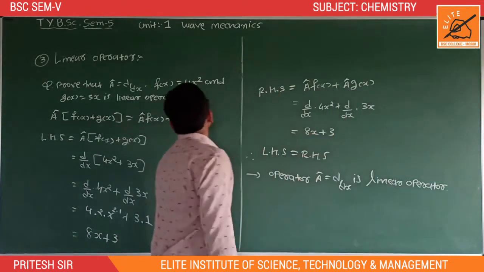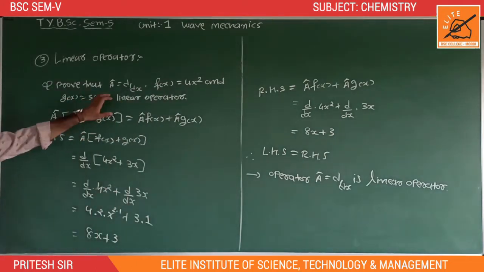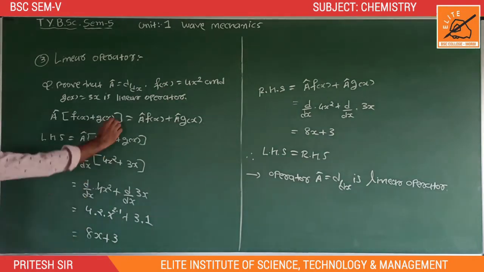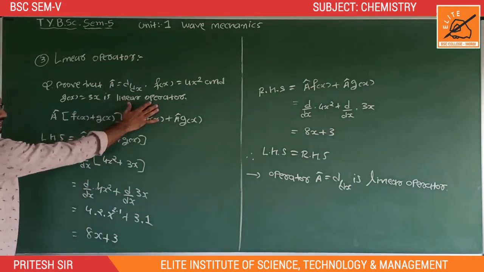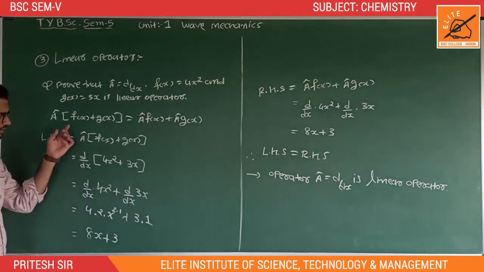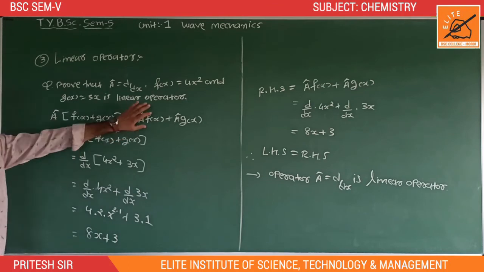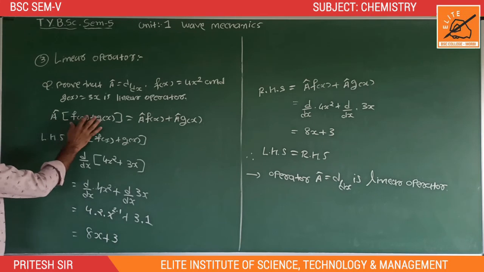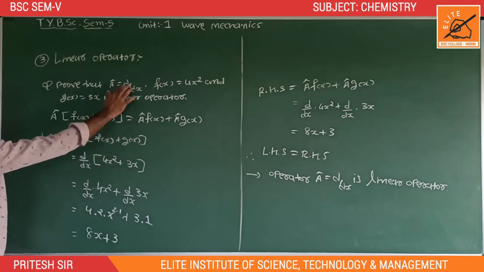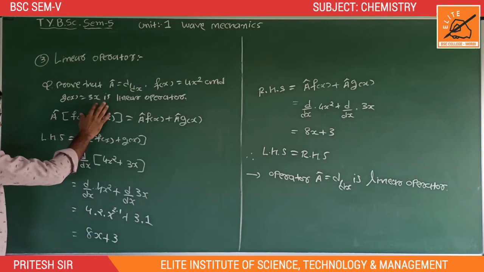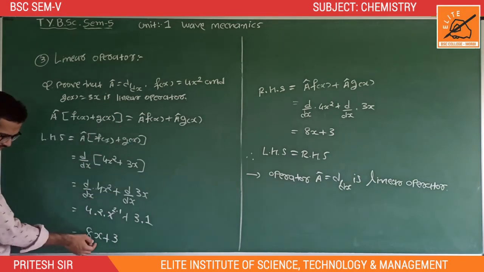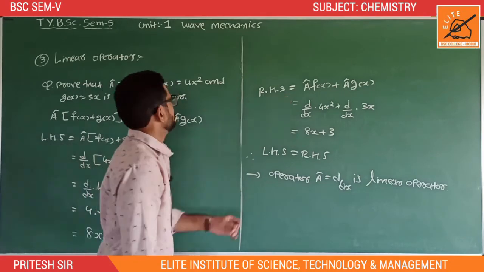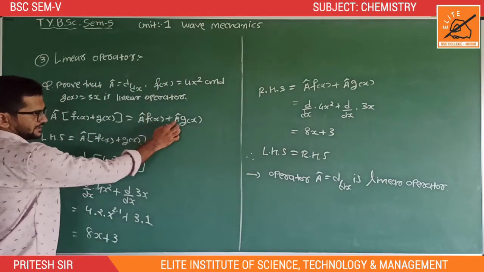So the question was: prove that A cap equal to d by dx, f(x) equal to 4x square and g(x) equal to 3x is a linear operator. First write the mathematical expression of a linear operator. Then the left hand side is A cap into bracket f(x) plus g(x). Put the values of A cap, f(x) and g(x), and the final result is 8x plus 3. Now RHS is equal to A cap f(x) plus A cap g(x).